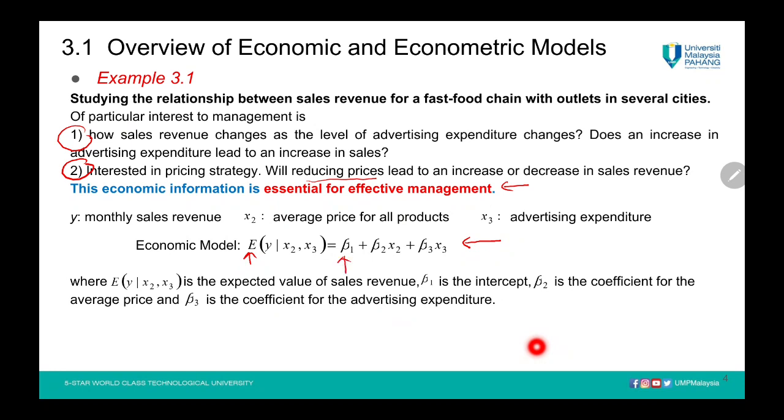Beta 1 is the y-intercept. Beta 2 is the coefficient for the average price. And beta 3 in the model is the coefficient for the advertising expenditure. Note that y here is the monthly sales revenue, x2 is the average price for all products, and x3 is the advertising expenditure.